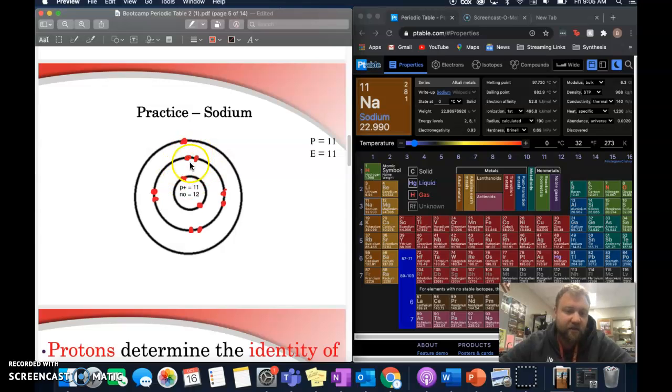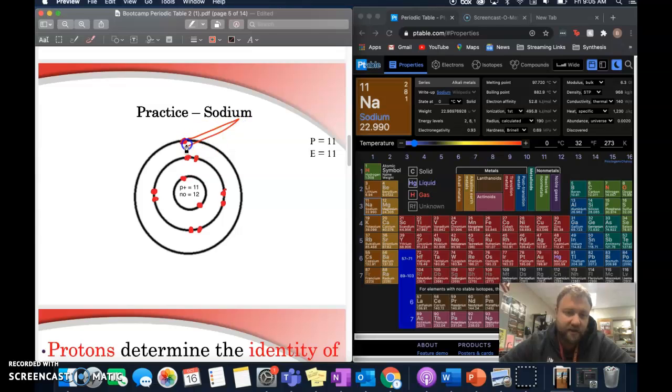Electrons like to go in pairs. So if you look, we put in 1, 2, 3, 4, 5, 6, 7, 8. So we have 2 in our first energy level, 8 in our second, with 10. That means we have 1 left. So this 1 left is our valence electron.